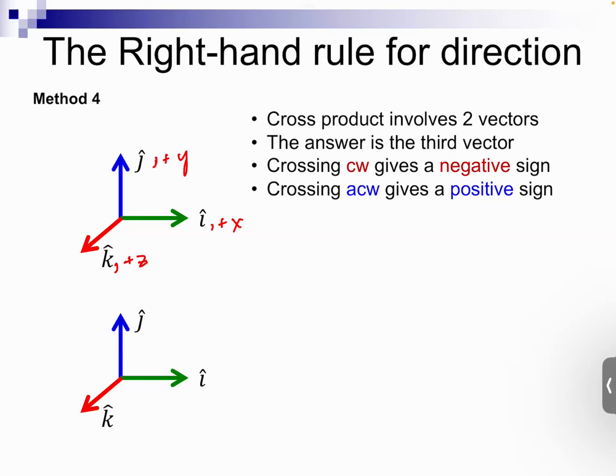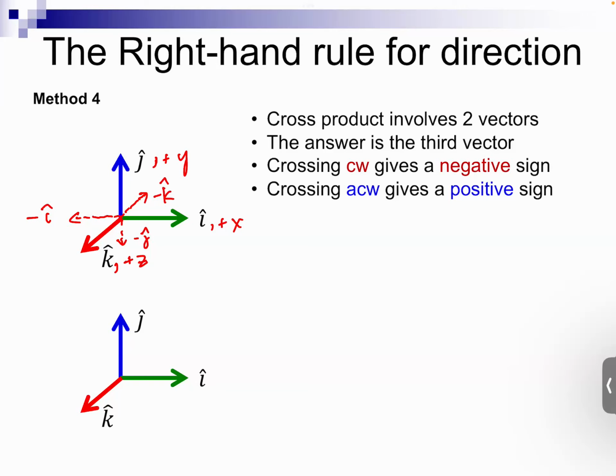So of course, you also have the minus i hat or minus X direction, minus j hat or minus Y direction, and the minus k hat or the minus Z direction, all perpendicular to each other.